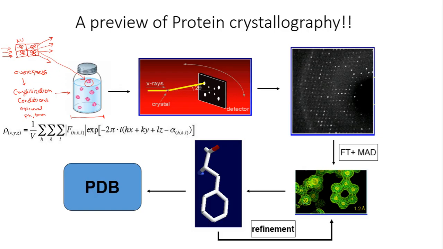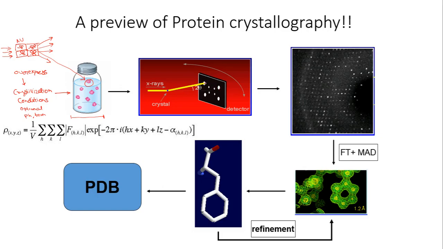If there is nothing, the X-rays would have passed linearly. But due to the presence of these electron densities in your protein molecule, the X-rays would diffract and create spots, also called reflections in crystallography.